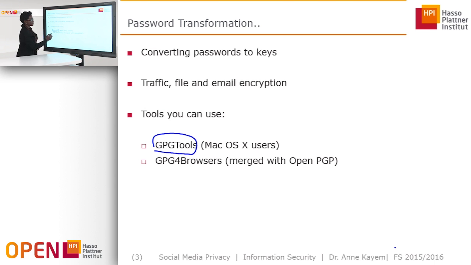And if you're using, for example, Windows systems, you can use GPG for browsers, which is basically some variant of generating keys from your password that is a part of what is OpenPGP. You don't need to worry about this.